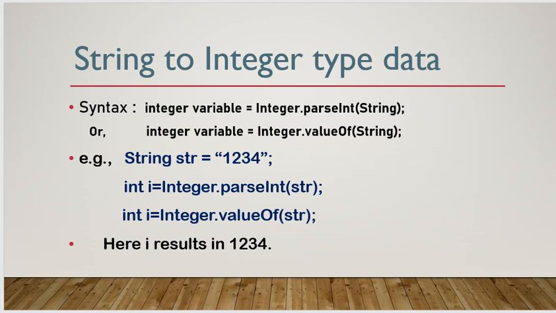For example, we have a string str equals 1234, and if we use Integer.parseInt or Integer.valueOf, in both cases i results in the same value 1234 without quotes. So i is an integer value, so the result of i will be an integer without quotes.